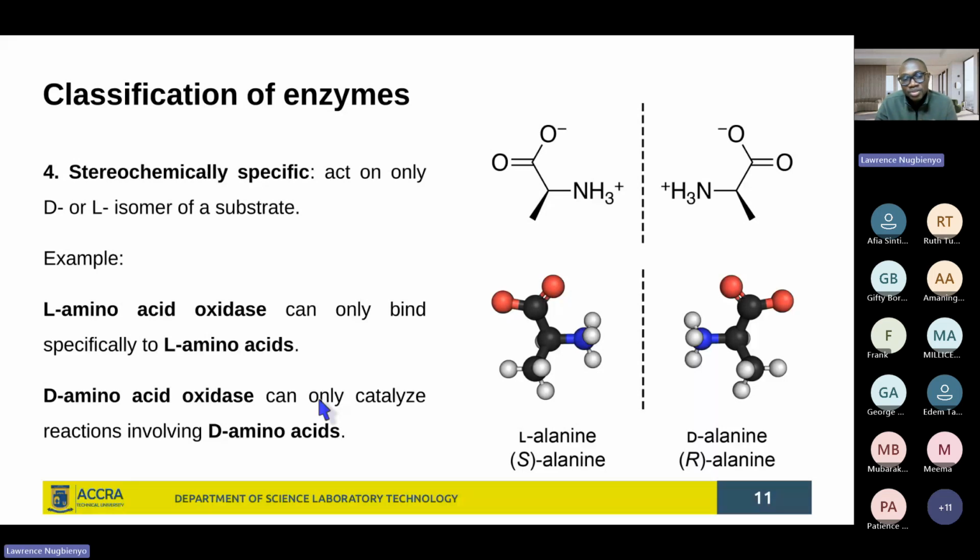So even when you consume some proteins in food, particularly from plants, where you can get some D amino acids, when we're looking at the metabolism of proteins, you come to realize that those D amino acids are first converted to L amino acids before they continue the metabolic process.